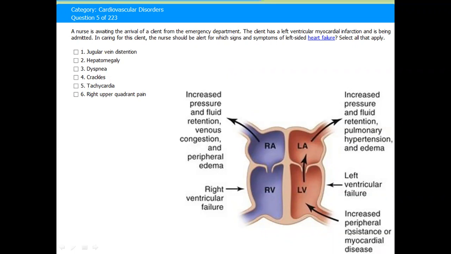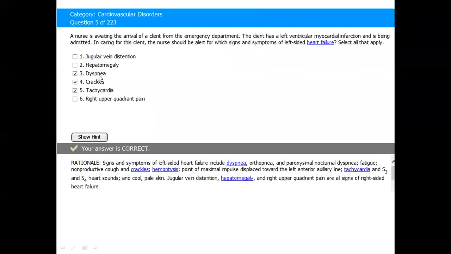Increased peripheral resistance or myocardial disease, left ventricular failure, increases the pressure and fluid retention in the lungs, and the patient develops pulmonary hypertension, pulmonary edema, shortness of breath, crackles, right?